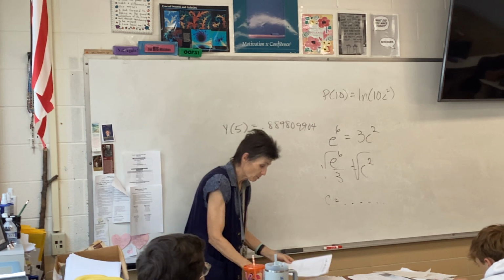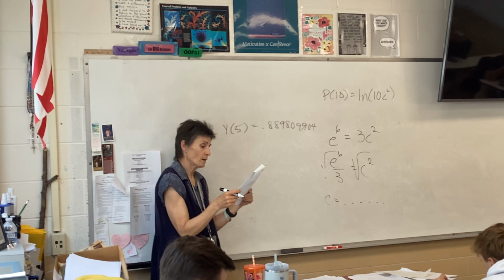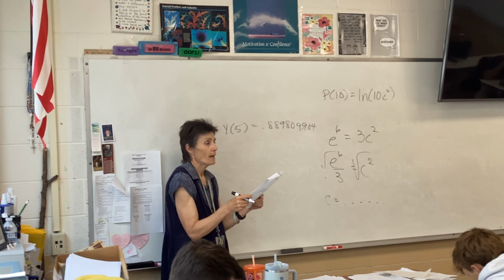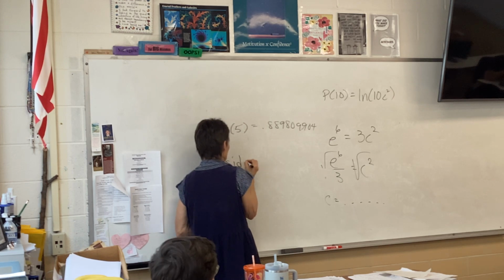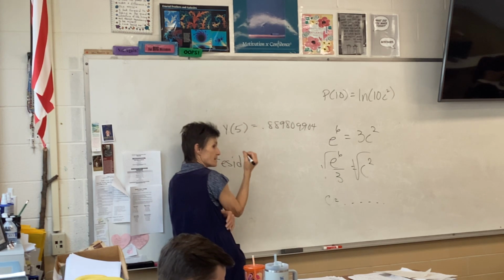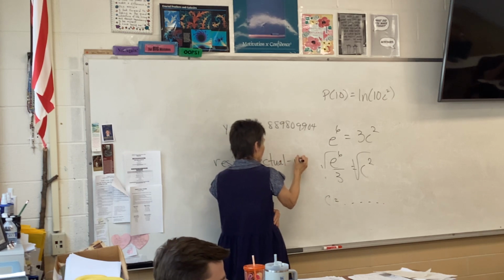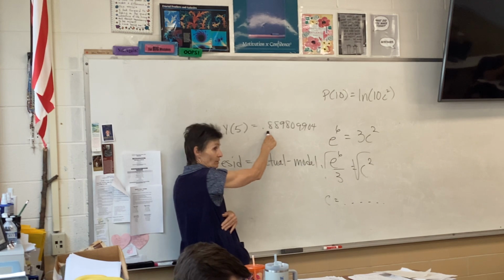Now it says the residual is 0.512. How do you find the residual? What's our little formula? The residual is actual minus the model. Good, Quinn. Now, this is the model right here.